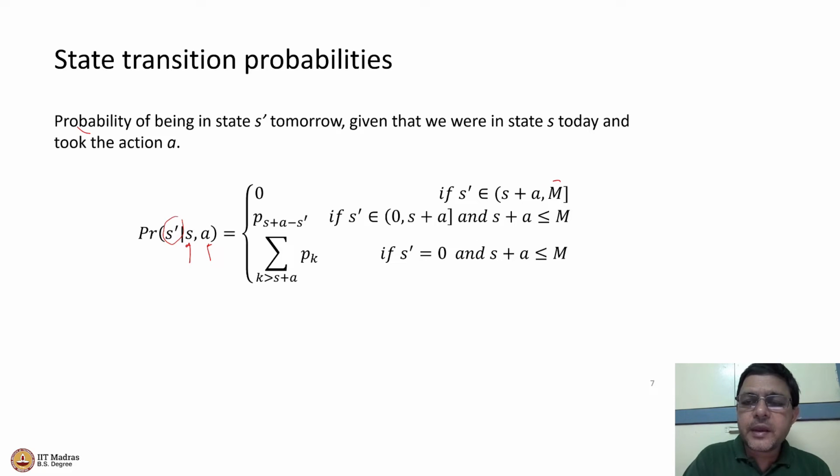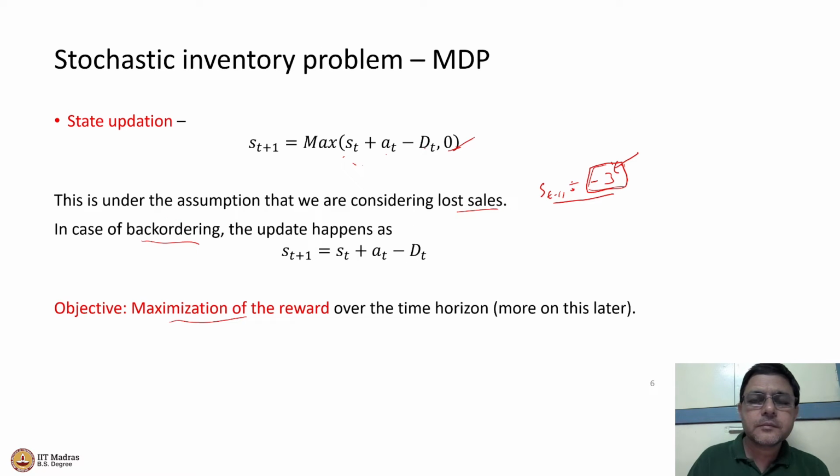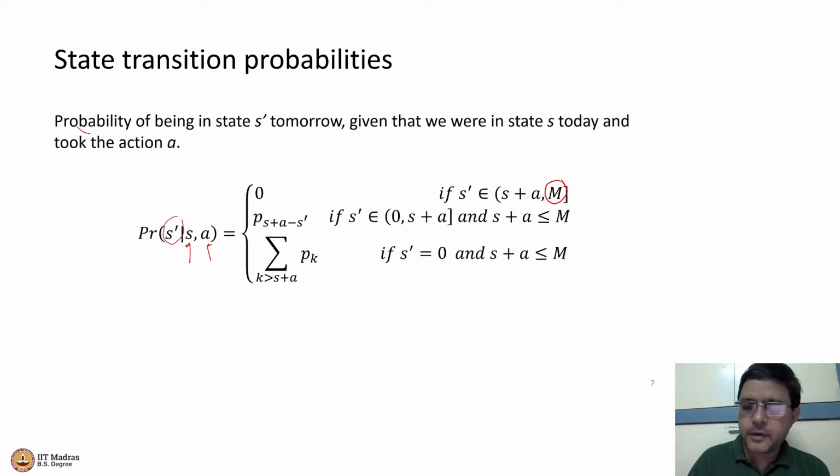And M, what was M? M was the warehouse capacity, right? Remember, M was the warehouse capacity. You trust me, right? M was the warehouse capacity.